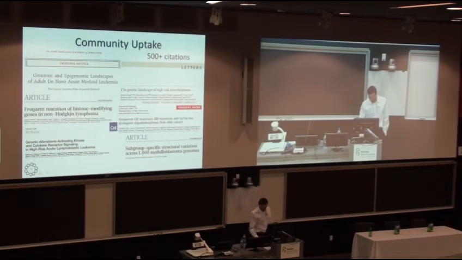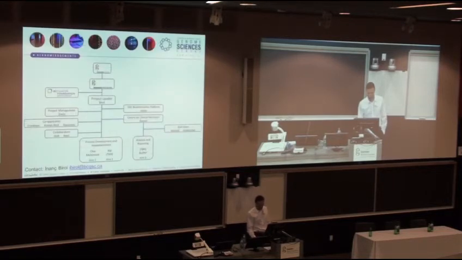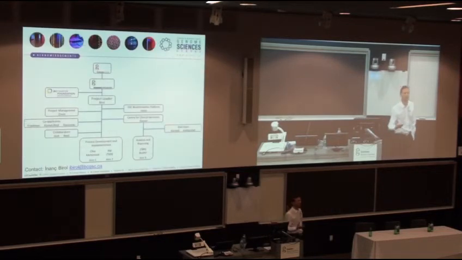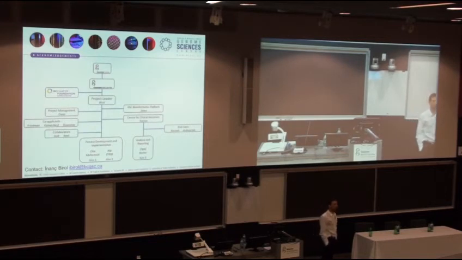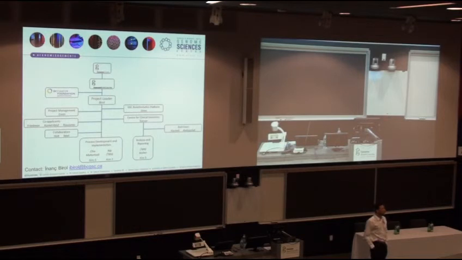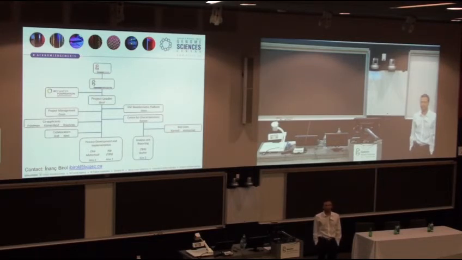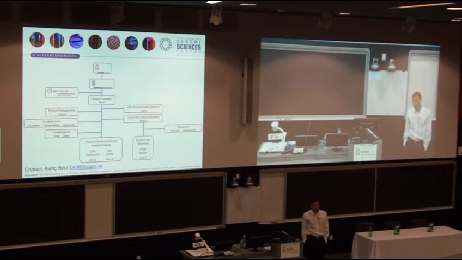And we're always looking for more collaborations. Of course, these tools are developed by many talented individuals, including Jared Simpson, Shaun Jackman, Tony Raymond, Gordon Robertson, Karen Mungall, David Chu, and others.